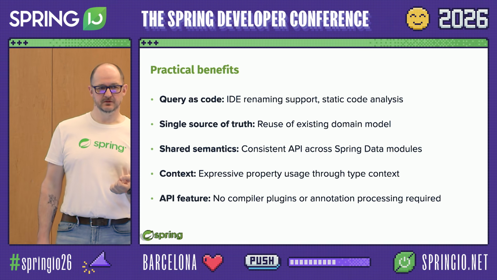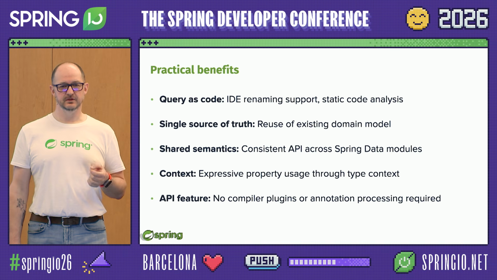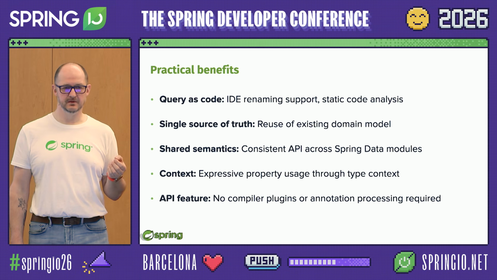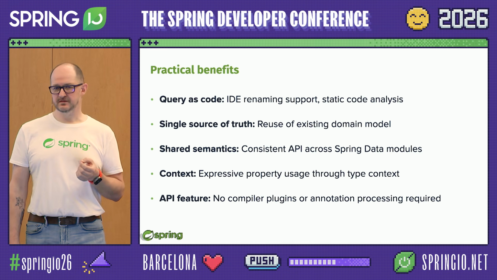We have experimented and explored ways to integrate Spring Data JPA and the criteria-based API with the type-based property paths. But we are not convinced yet that we found a sweet spot there.